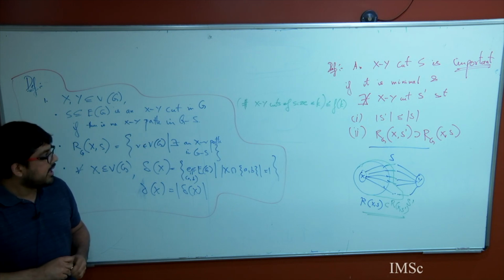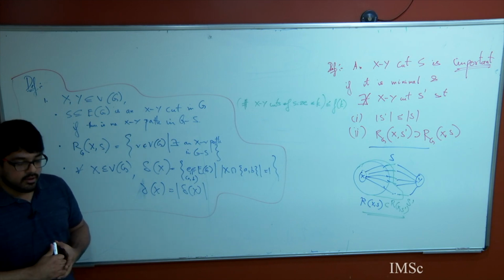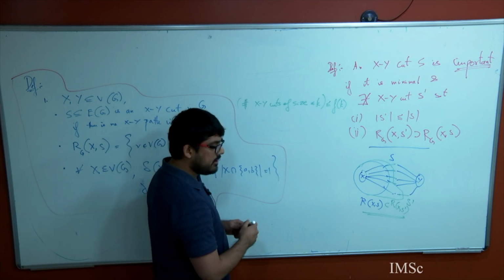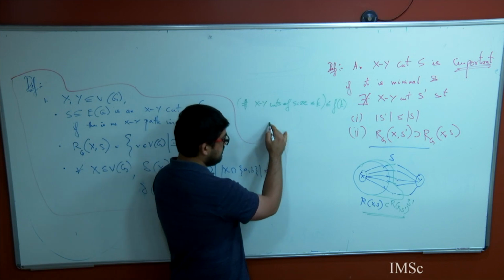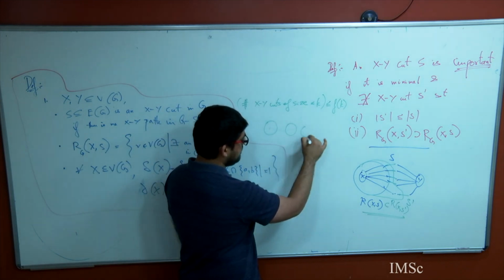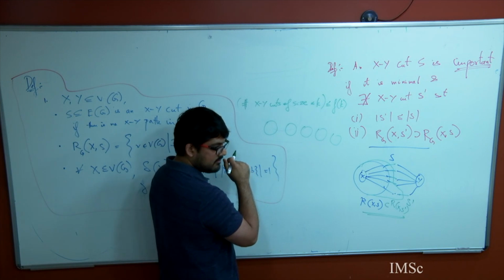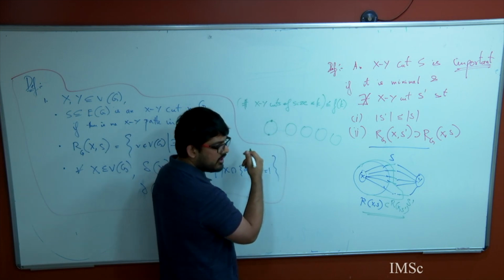But then what is my x and y here? Because I'm talking about xy cuts of size at most k. Okay, could you describe the example again? In one cycle. Okay.